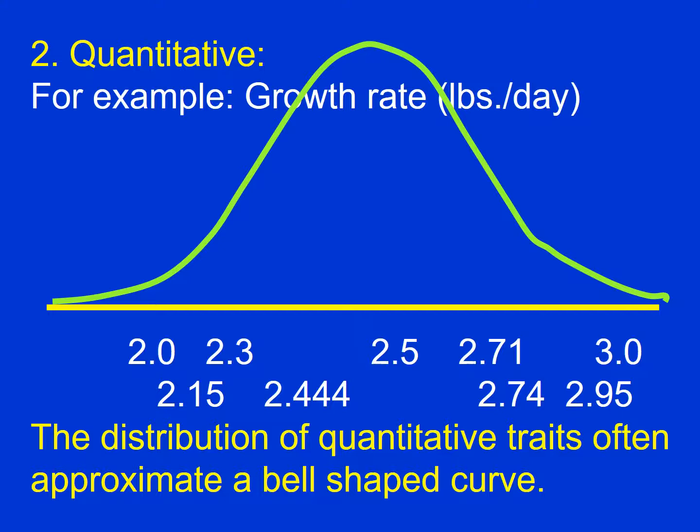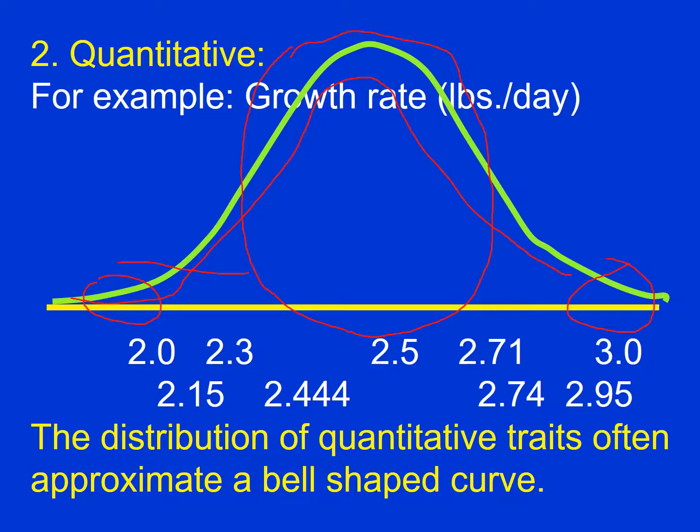We often say that distribution of animals for a quantitative trait will often approximate this bell-shaped curve, where a lot of your animals, maybe 3/4 of them, are going to be somewhat around average. And then as you get further away from average, the number of observations on the low end and the high end are going to be fewer and fewer.